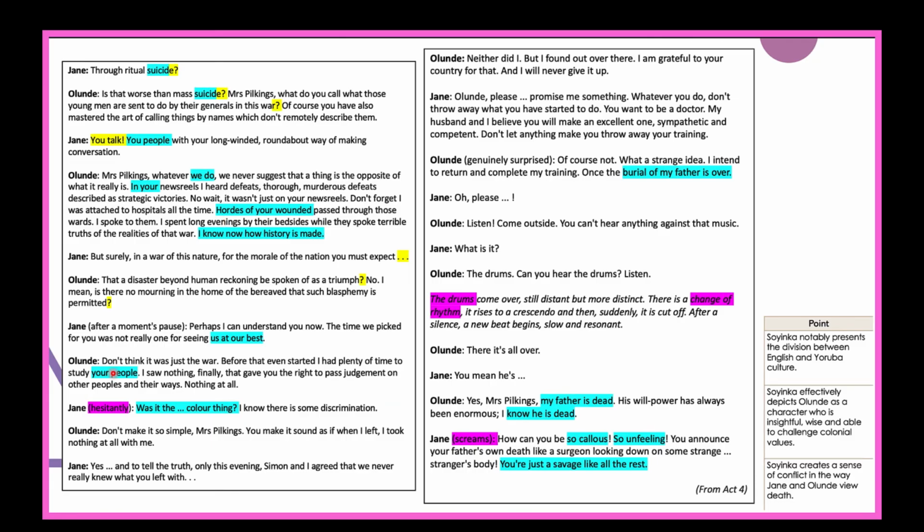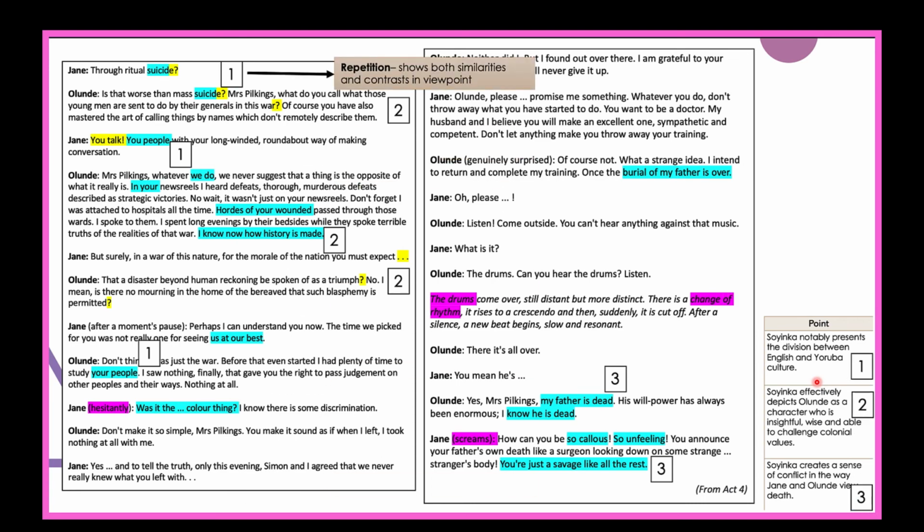So what you can see here is I've gone back to my highlighted extract. I've got my points here just to remind me. So this is my plan, just to remind me of the points that I now need to prove. I've got to find evidence to support them. So what I've done is I've gone back through and I've just numbered all of the quotations that I now think that I want. And these quotations go quite nicely with my points.